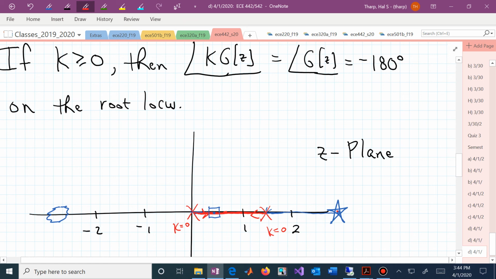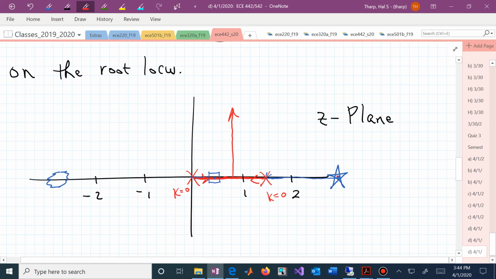We just have 2 poles. They will now meet halfway between themselves, or 3 halves, 1 1/2, split in half, 3/4. At 3/4, one will go up, one will go down, and this is now the root locus diagram.